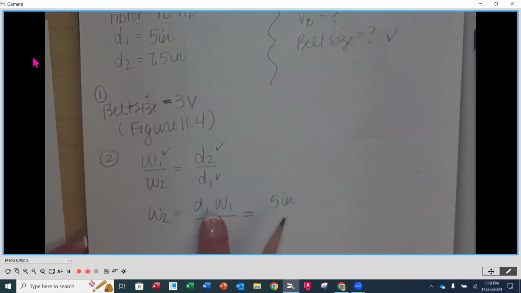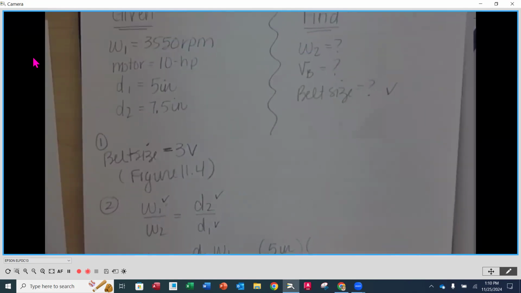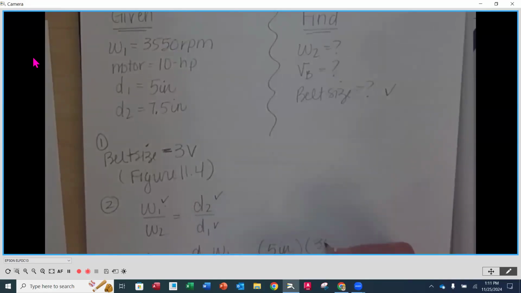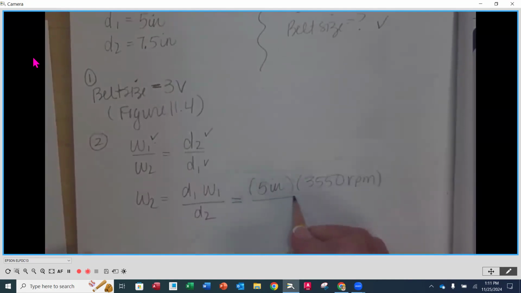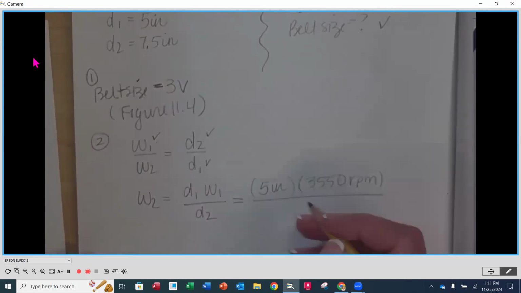So for D1, we know that D1 is 5 inches. So make sure you put your units in here. Multiplied by W1. This equation, this is a ratio. You do not need to convert this to radians per second, okay? So we're just going to put in the 3550 RPMs for W1 right there. Then we're going to divide it by diameter 2, which is 7.5 inches.